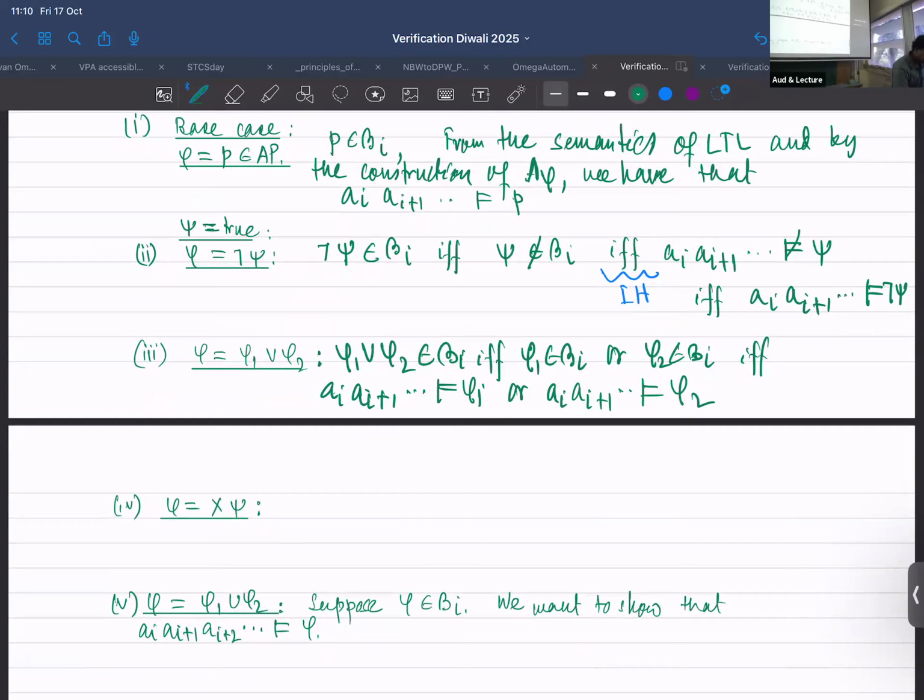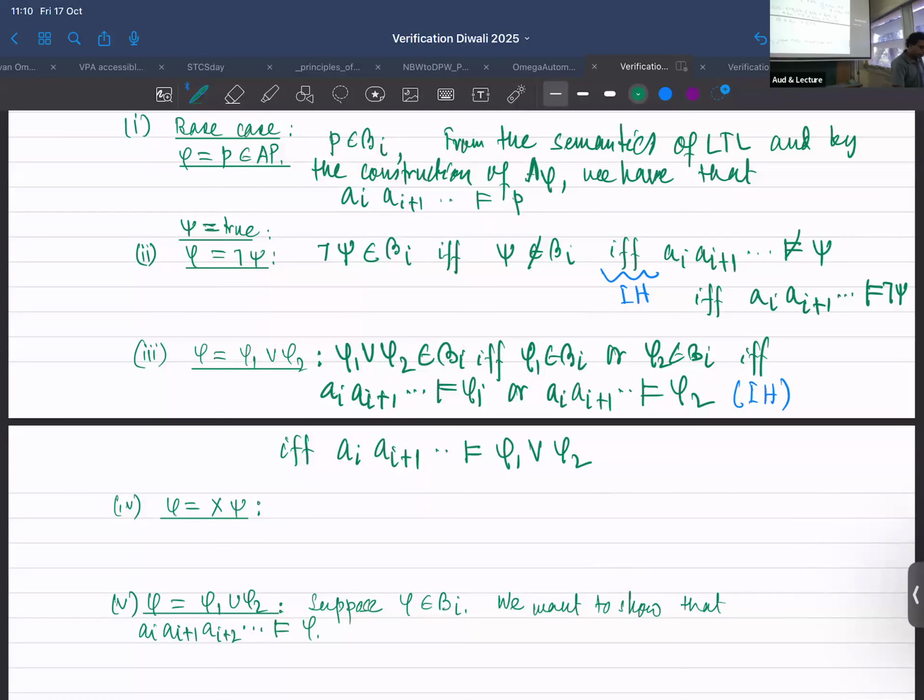This is by the induction hypothesis, and if and only if a_{i+1}, etc. satisfies phi 1 or phi 2.